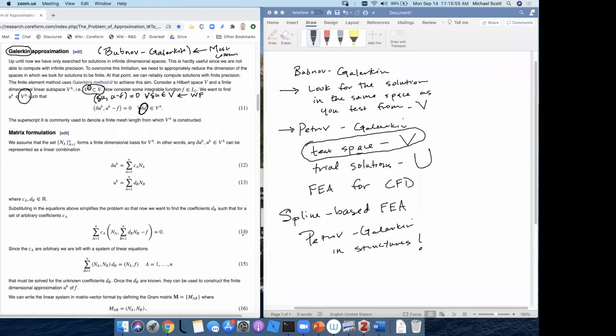Okay, so this is a Bubnov-Galerkin. I won't talk any more about that. The Galerkin approximation in general means that you find a subspace, which we've done, and then the superscript h always means discrete or finite.